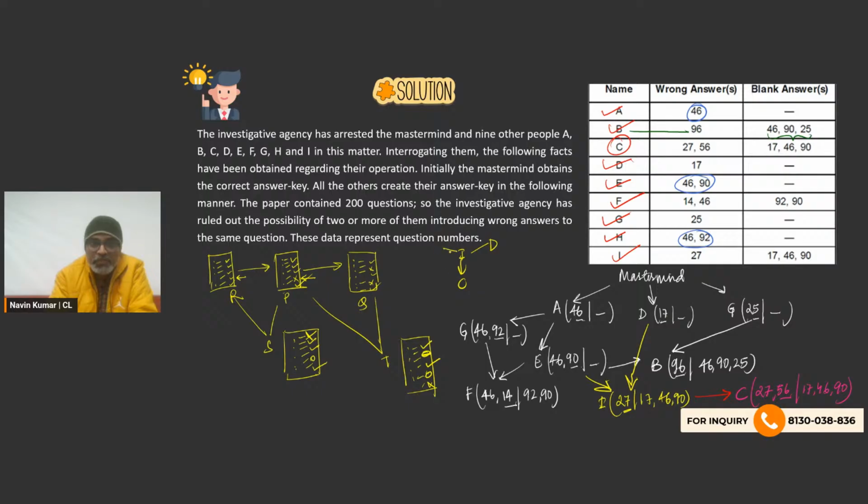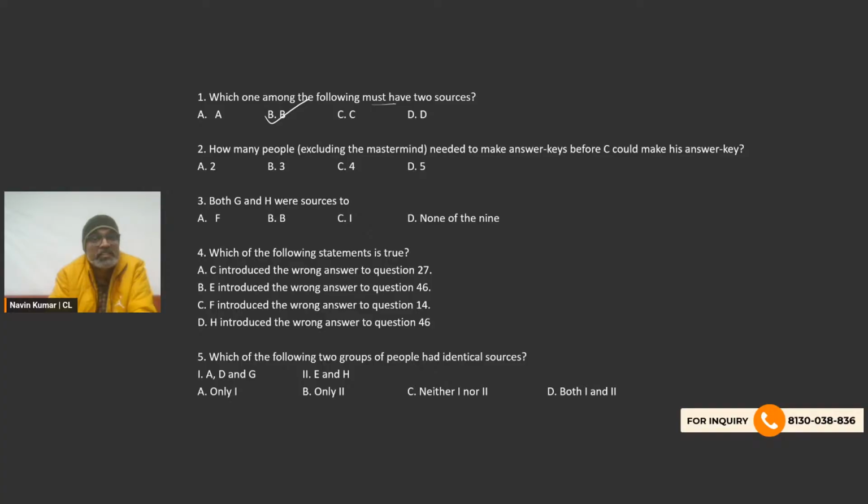And from I, we would need E, and for E, we would need A. So A, E, I, and D, these four people, if they make their answer keys, as sources of each other in a particular order, then only C will be able to make the answer key. So we need four people before C can make his answer key.